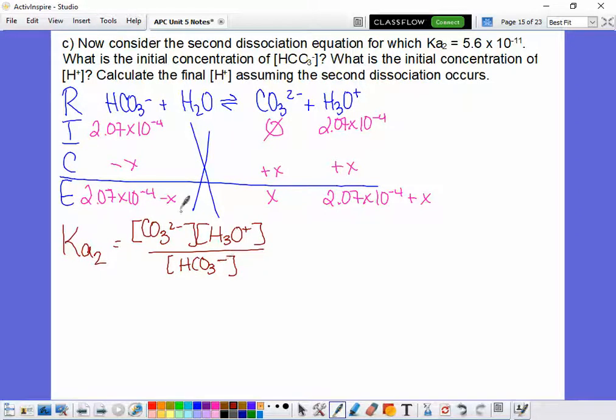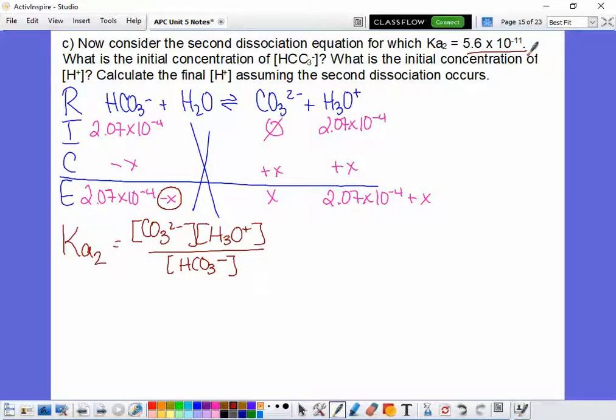Now, can we omit that minus x? What do I have to compare in order to figure out if I can omit that minus x? The initial concentration of HCO3 minus. So the 2.07 times 10 to the negative 4, I need to compare that to Ka2, which is given in the problem right here.